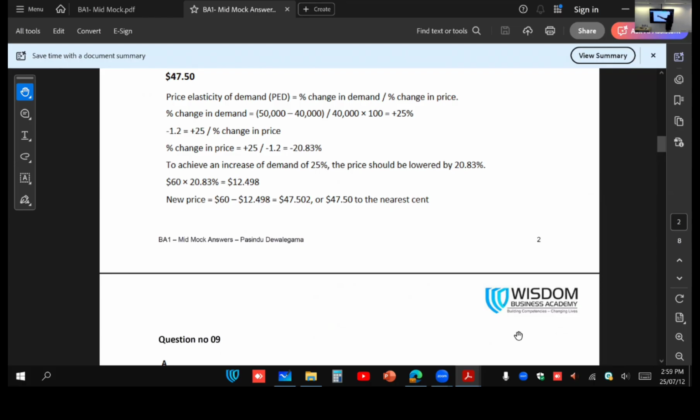So percentage change in price which should happen is minus 20.83. To achieve an increase of demand of 25%, price should be lowered by 20.83%. 60 is the initial price. When it's reduced by 20.83%, new price is 47.50.